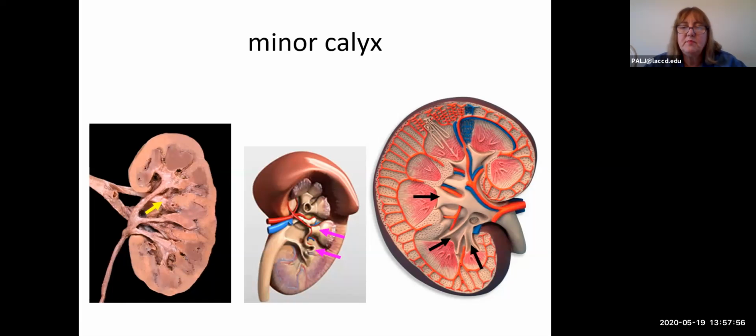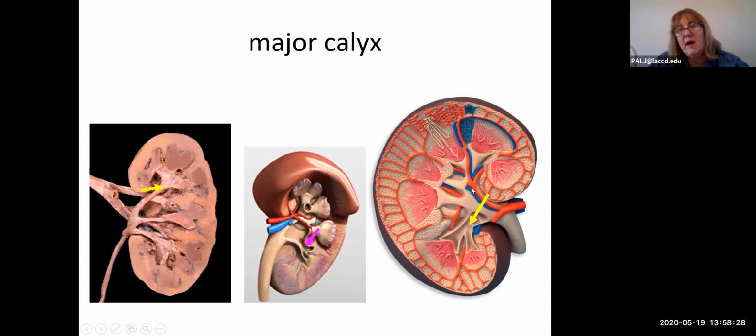Now, in some places, two minor calyces, as seen in this lower pole of the model, these two minor calyces are joining together, in which case they form a major calyx. In this model, it's these two joined together form a major calyx. In this cadaver one, it's these superior minor calyces joining together to form a major calyx.